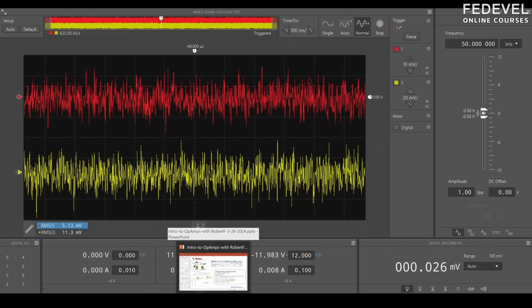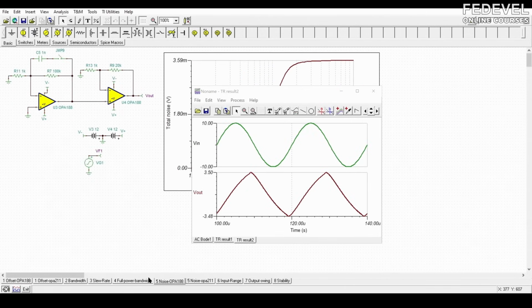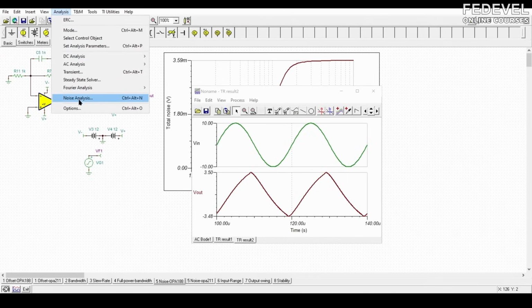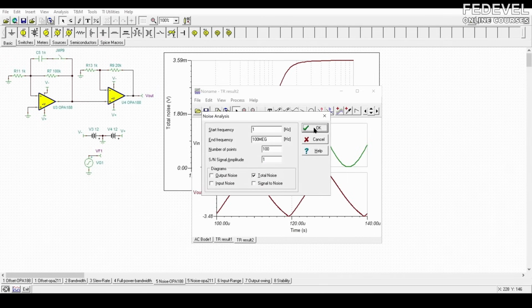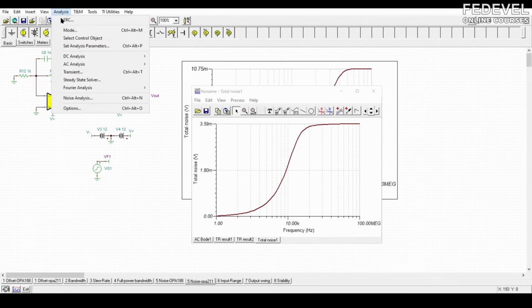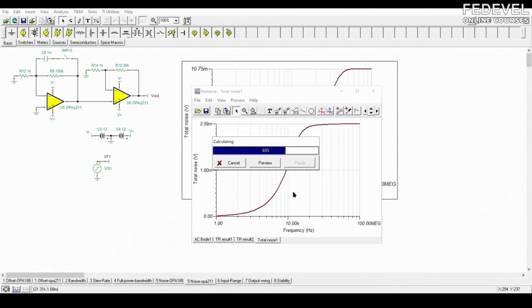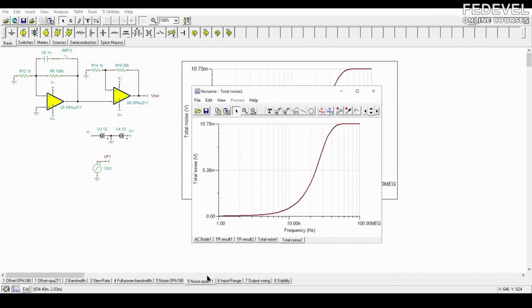And so let's do the simulations for noise. So for the OPA188, if I say analysis, noise analysis, and we show the total integrated noise, I end up with about 3.5 millivolts RMS. And then if I look at the OPA211 noise analysis, we get about 10.7.